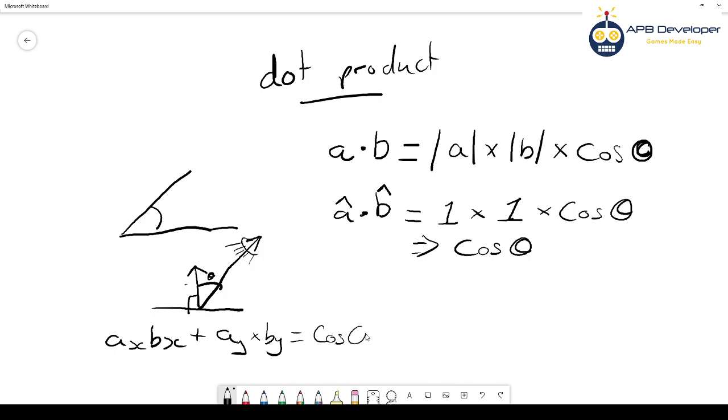That will give us the cosine, providing these were unit vectors. This is quite nice because it gives us a cosine.